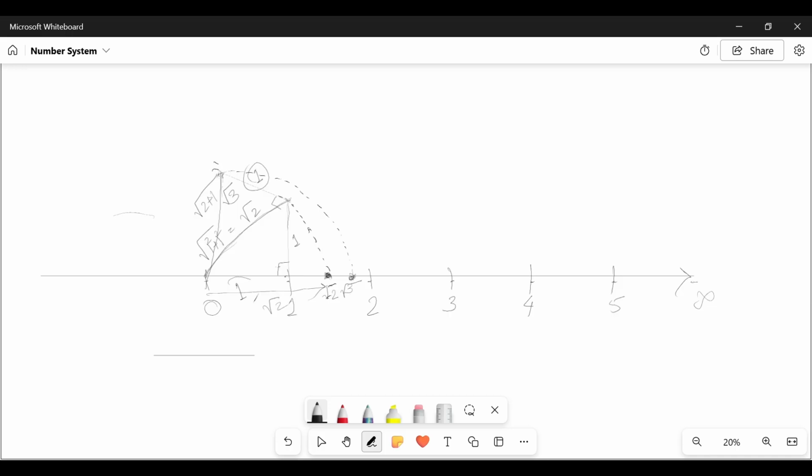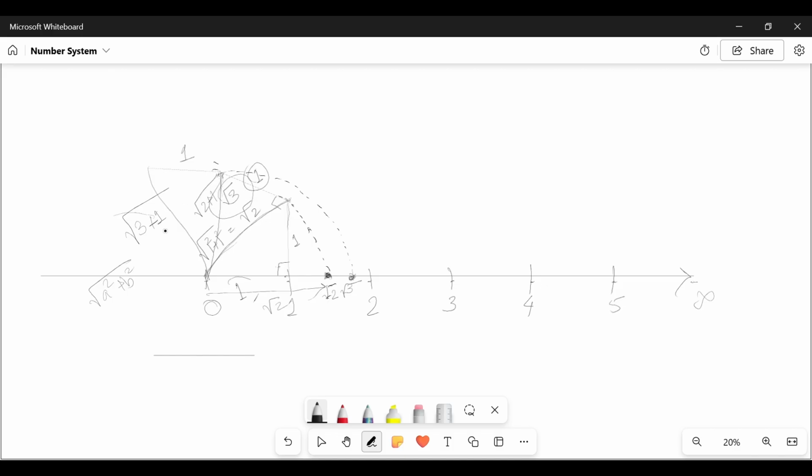So if I plot this as a straight line as one of my bases, and I join this further to 0, this again is unit 1. Our base earlier was square root of 3. What ends up appearing is square root of 3 plus 1, because we have square root of a square plus b square.